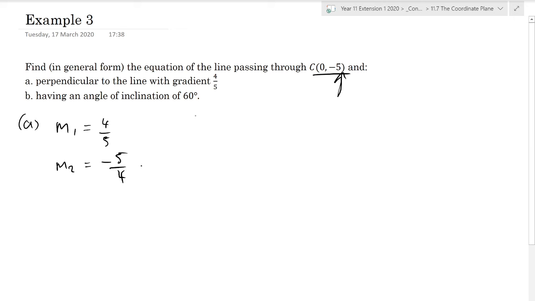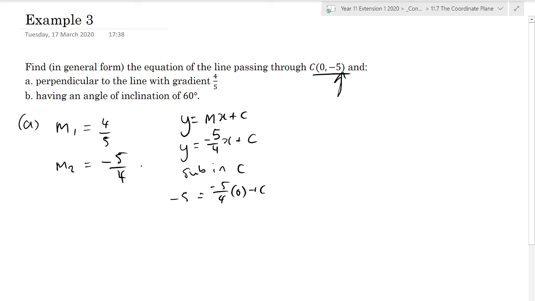My equation of my new line is y is equal to mx plus c. Substitute my m, and we get y is equal to -5 on 4x plus c. Sub in the point, we get -5 is equal to -5 on 4 lots of 0 plus c.